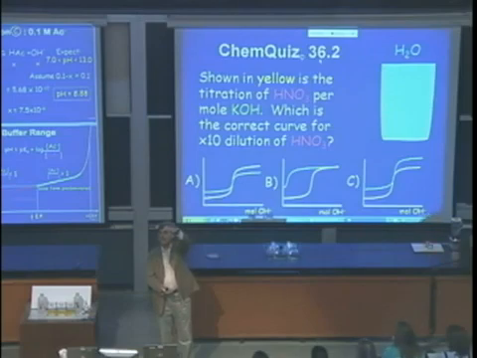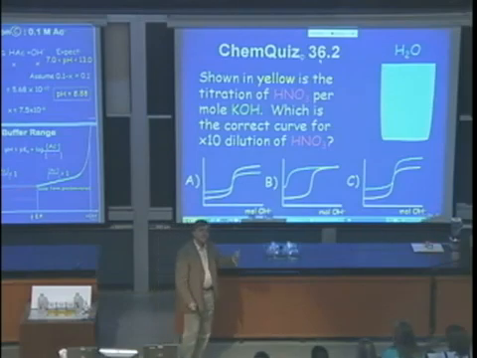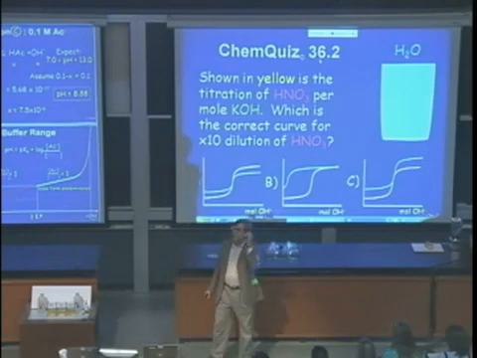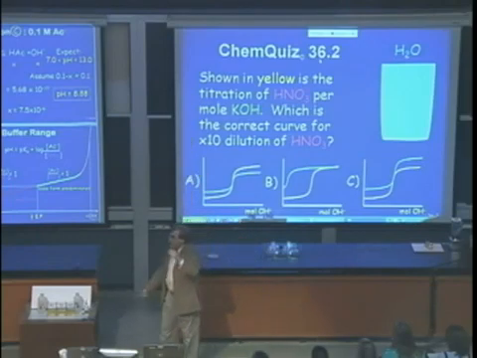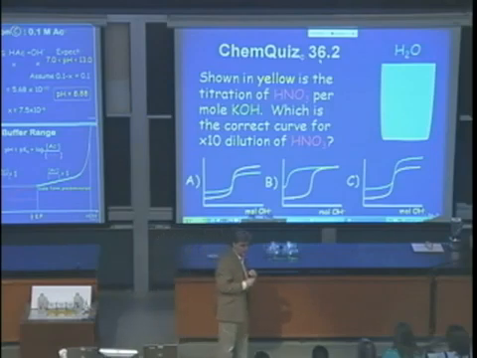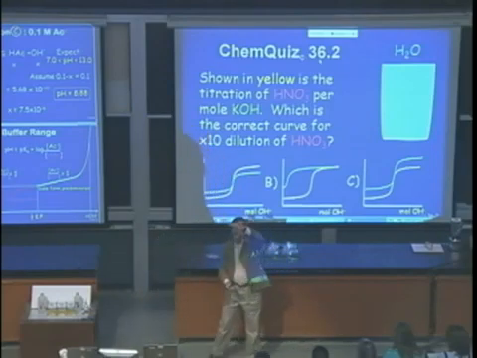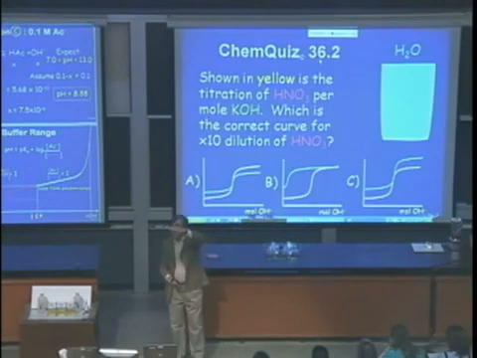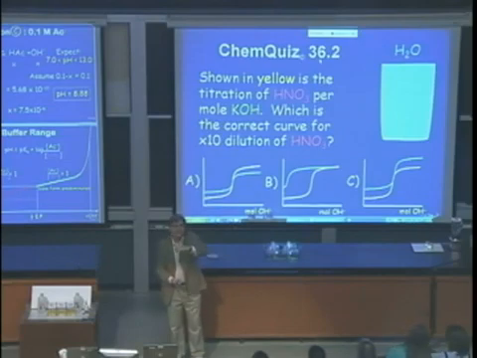So if you titrate molecule by molecule H3O+ with OH- to make water, that gives you your equivalence point. Of course, in moles per liter the concentration went down by a factor of 10, but not the effective amount of HNO3. That's the first thing.